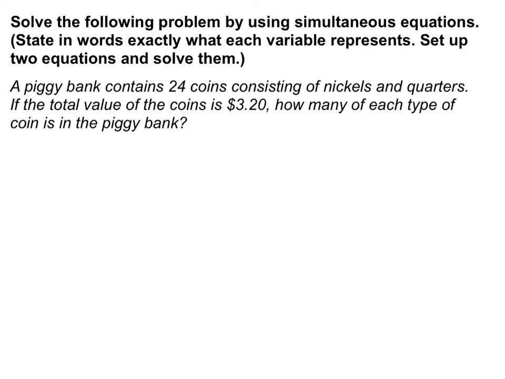If you remember our previous chapter, we did solve problems like this using one equation and one variable. I'm going to have you recall how we used the chart to help us define our variables and set up our equations.